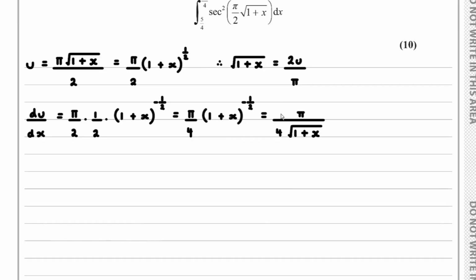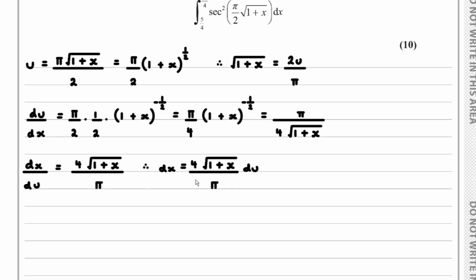Now, if we know what du over dx is, which is pi over 4 times the square root of 1 plus x, we can then state that dx over du is equal to 4 times the square root of 1 plus x over pi. And therefore, dx will equal 4 times the square root of 1 plus x over pi times du.